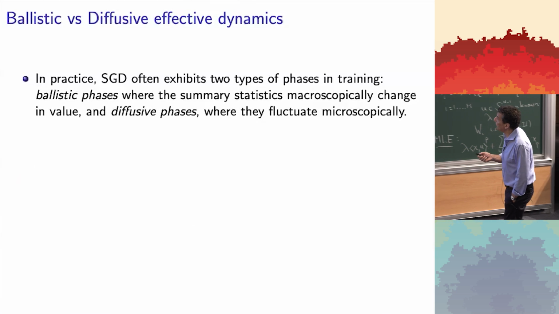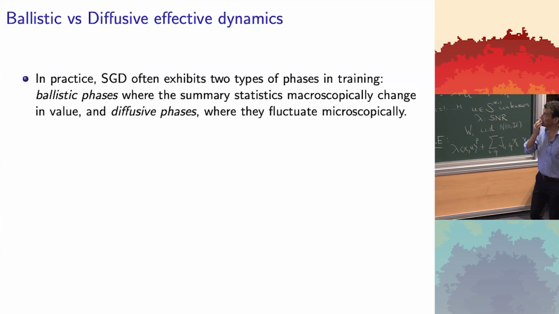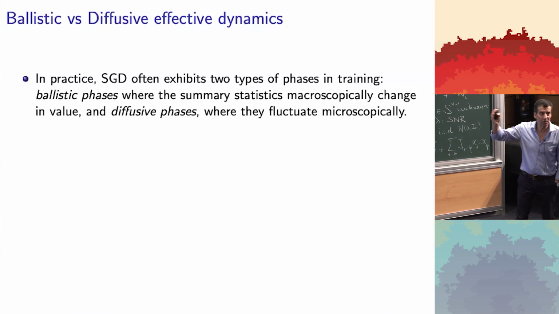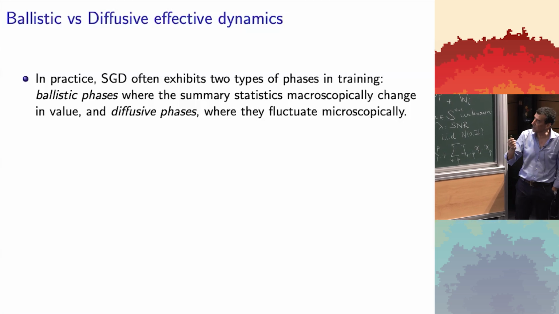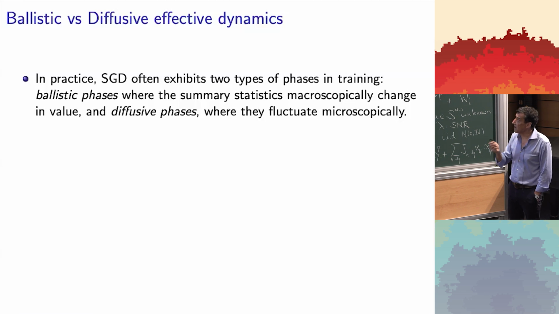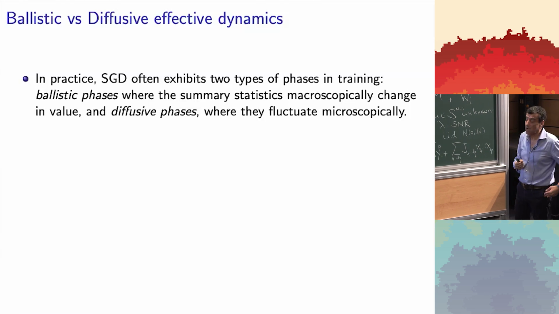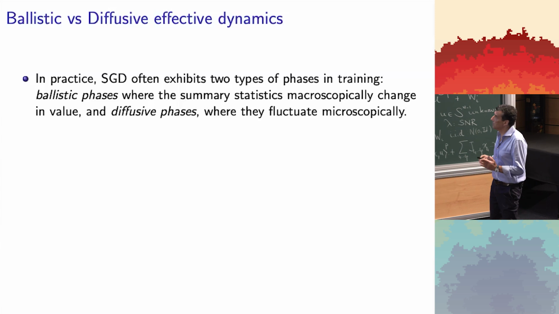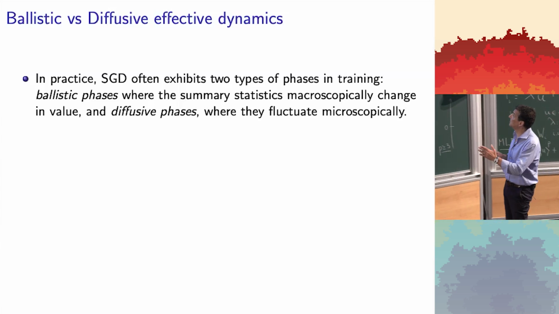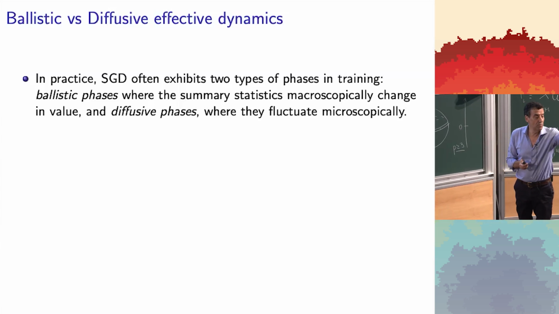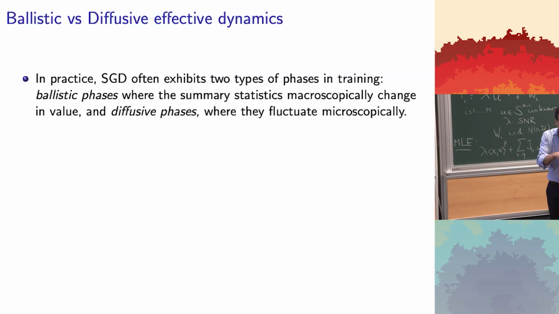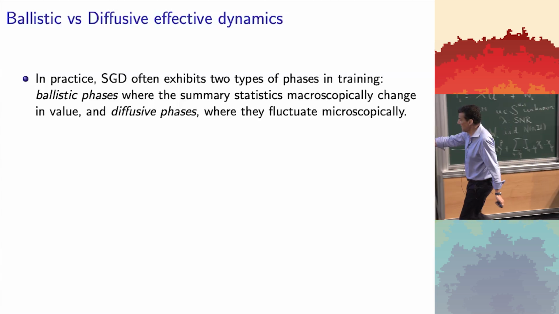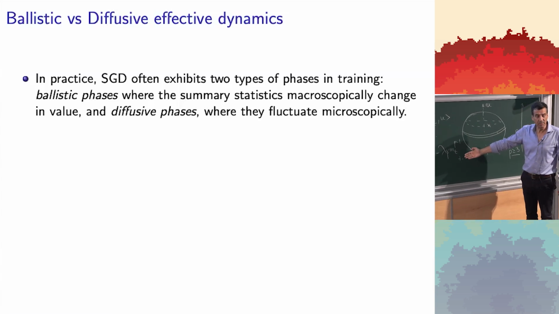Okay. So in practice, I tell you results of many examples that we've treated, so that I don't have to show you all that, but you can remember what SGD does. It exhibits two types of phases in training: ballistic phases, where the summary statistics macroscopically change in value. It's like an ODE moving along the flow of something. And diffusive phases, where they fluctuate microscopically. And you've seen that here. Take this example.